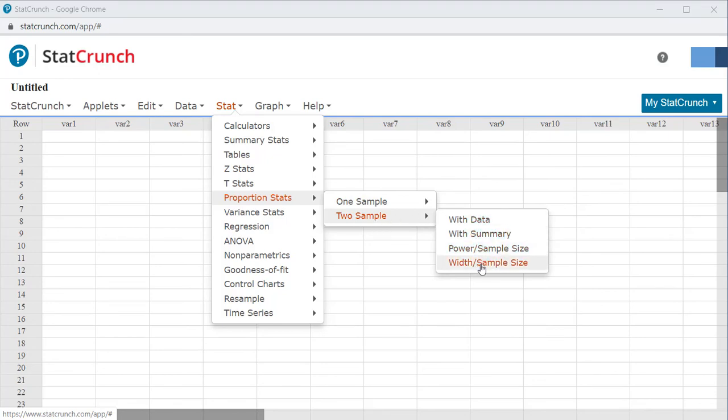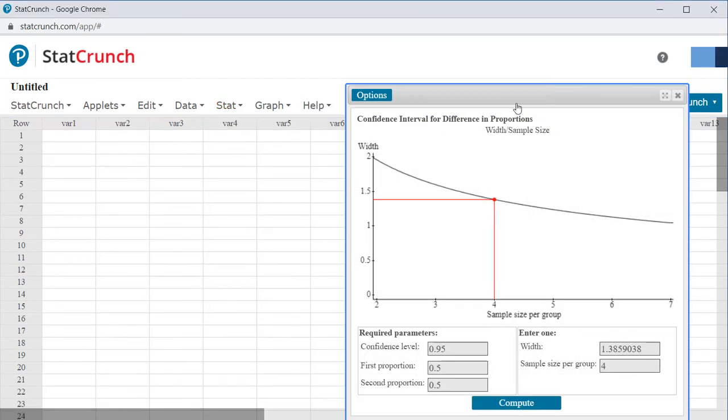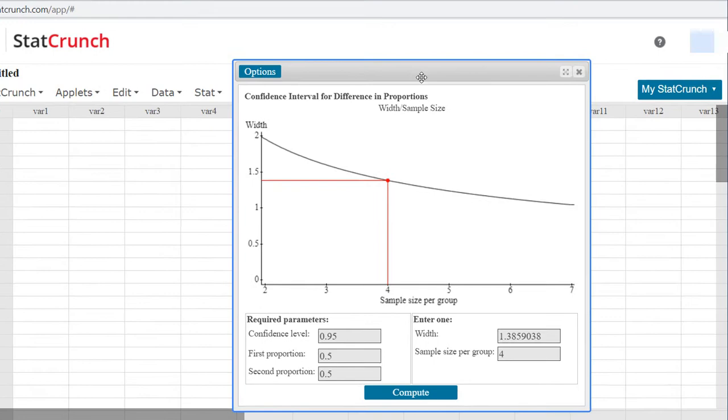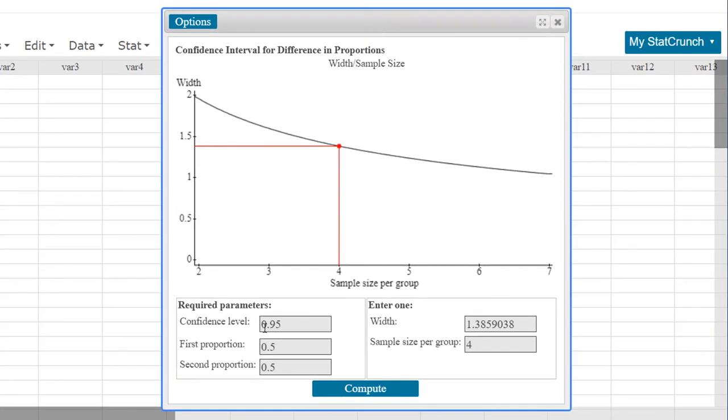And we are looking for the sample size. So I'm going to use the last option, width/sample size. So I get this window. So I have to fill in these parameters, and I need to fill in the width of the confidence interval, and that will give me the sample size. Just like what we did when we had a single proportion, except this time we have two proportions.